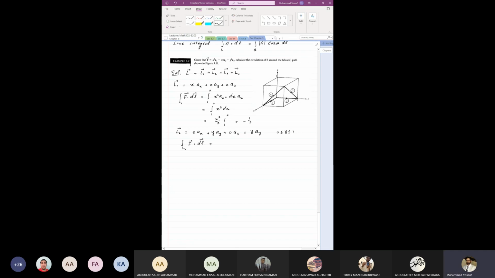Now dl will be coming from dl2, not the same as dl1. y is from 0 to 1, and in the vector field F, wherever there is x put 0, wherever there is z put 0, and wherever there is y keep it as it is, minus y square, and it will be dy. So minus y power 3 over 3, 0 to 1.